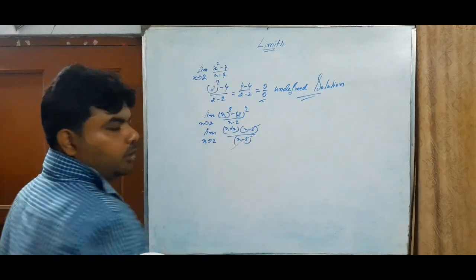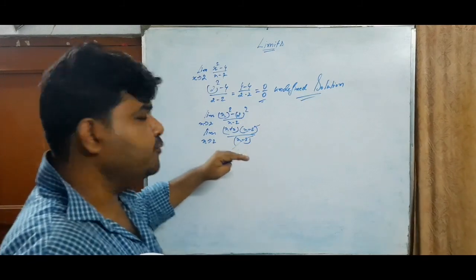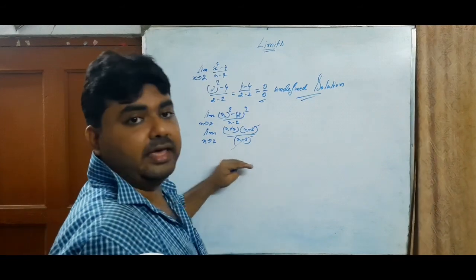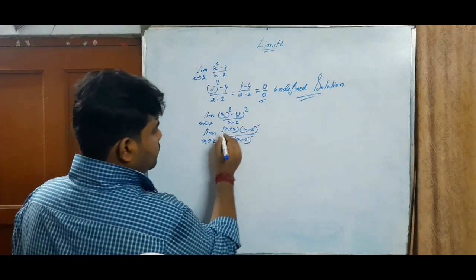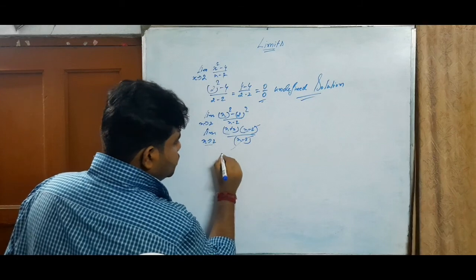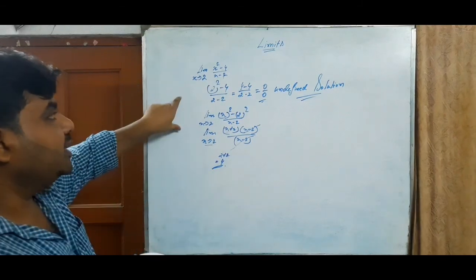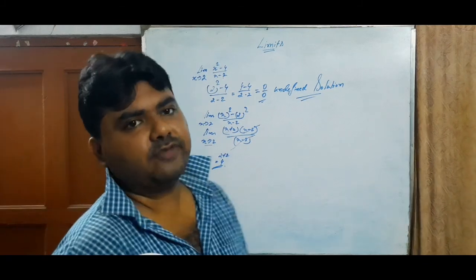Now there is no denominator, therefore no chance of 0 over the denominator. In case of numerator, if 0 comes, it's fine, but we can't take 0 as the denominator. Now just put the value. Here it is x, we will put the value of x as 2, that is 2 plus 2, that will be 4.